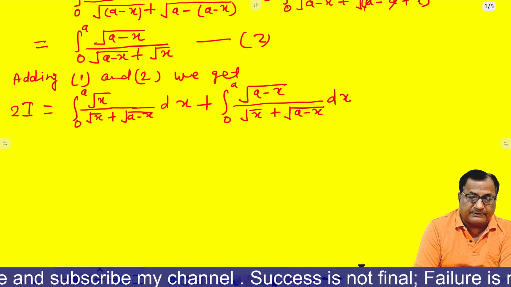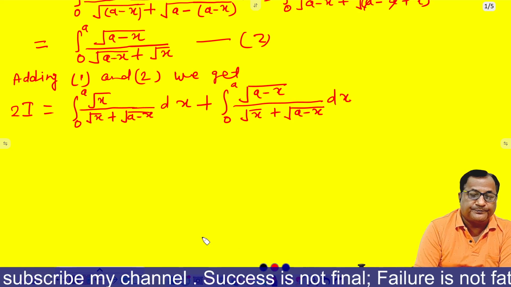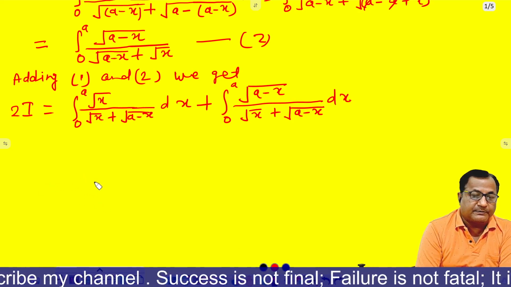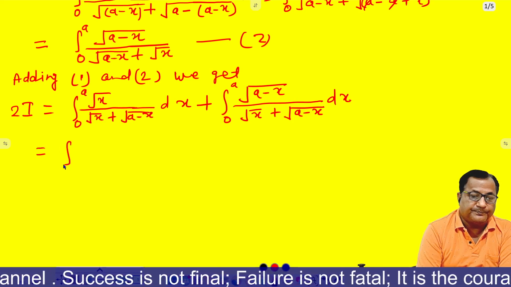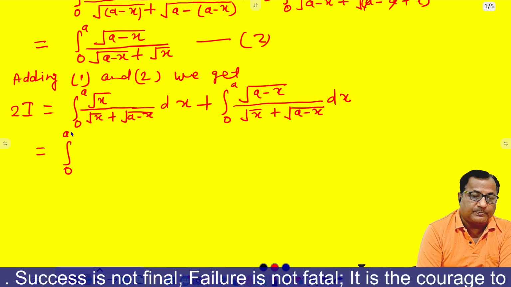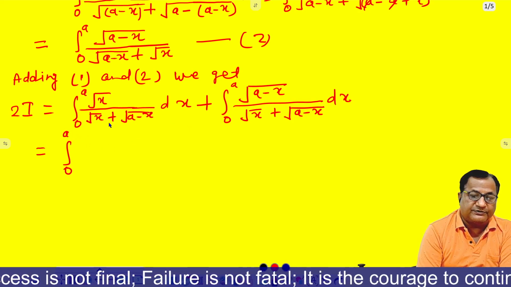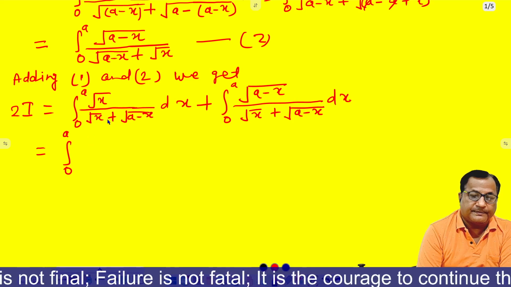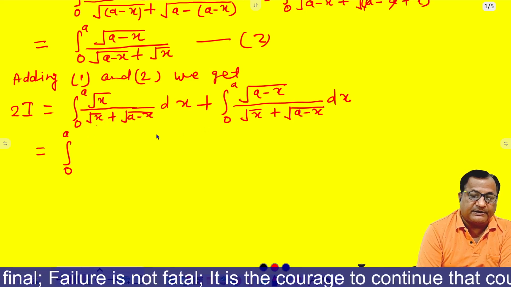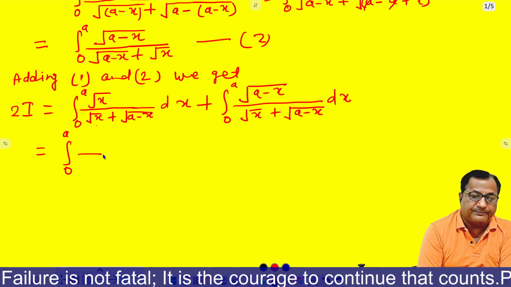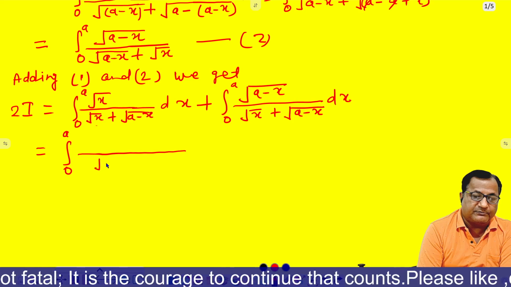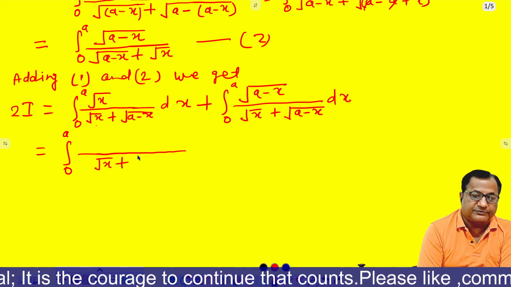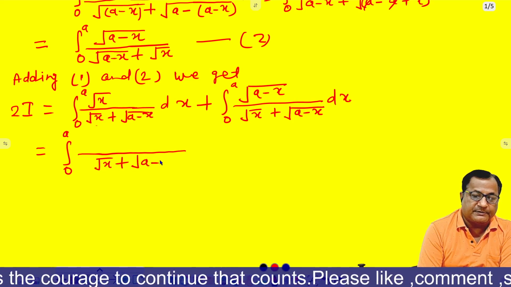We will combine this, then this will be the integral from 0 to a. This denominator is the same, so we'll take the LCM, which will be root x plus root a minus x.